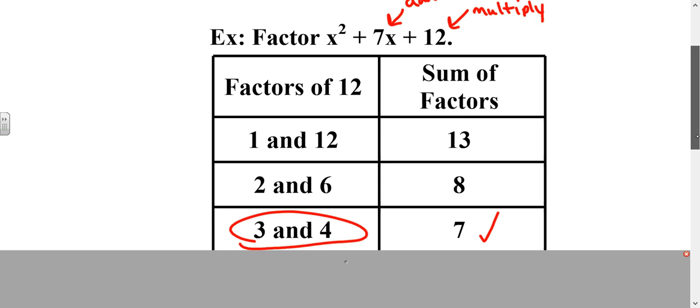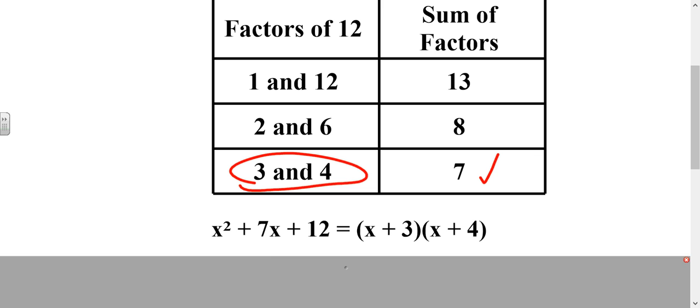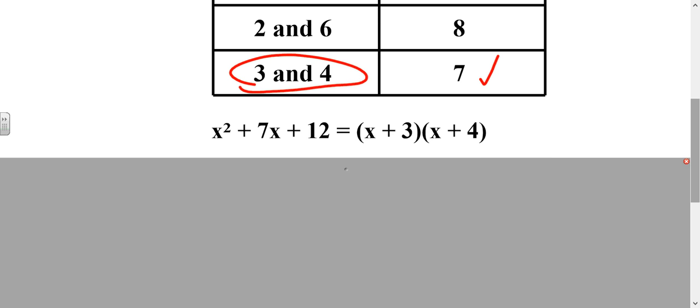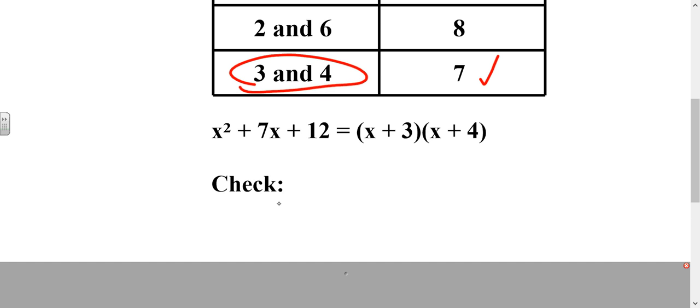So we just go back and fill in those numbers into our two binomials. We have x plus a number and x plus a number, and those numbers happen to be 3 and 4. If we want to check this, we can multiply it out and see that it works. We take x plus 3 times x plus 4. We take the x times both numbers, so we get x squared plus x times 4, which is 4x.